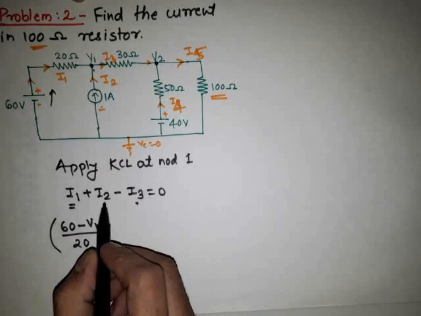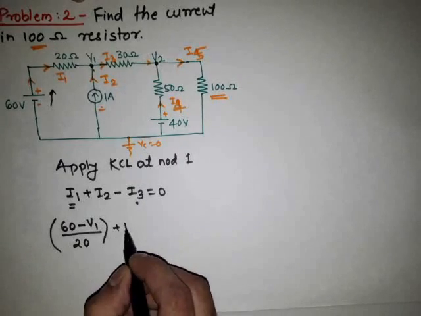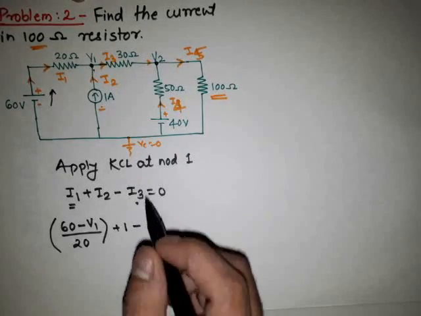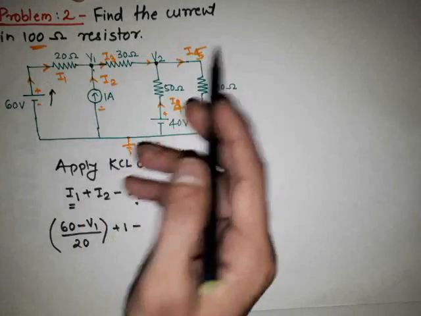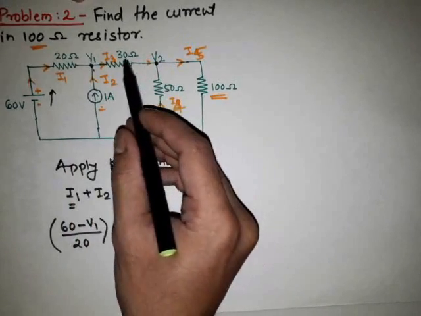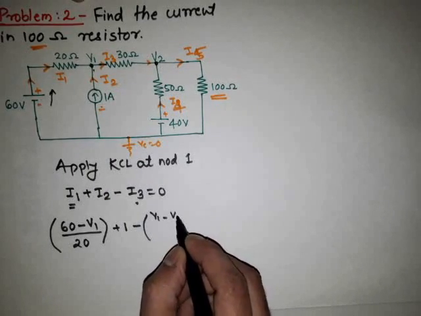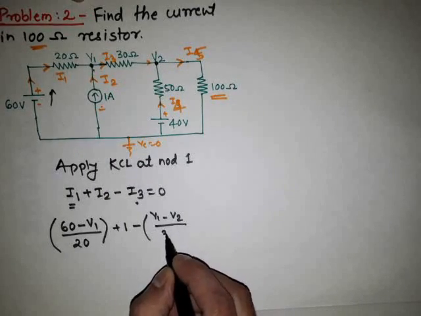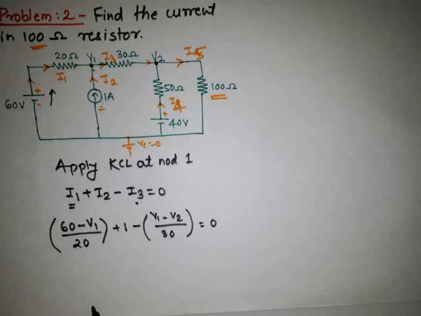Now I2 is directly given, it is 1 ampere. So it is plus 1 minus I3, which goes from V1 to V2, that means initial voltage minus final voltage divided by 30. So it is V1 minus V2 divided by 30, which is equal to 0.